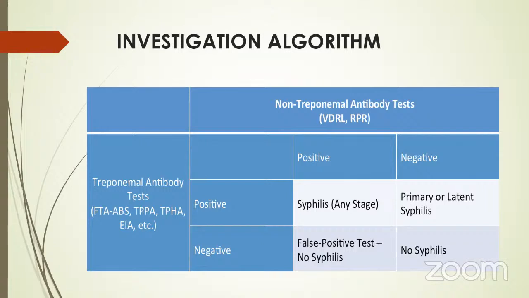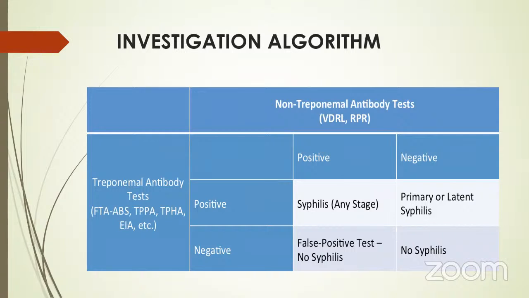So my question to you is, it means that the TPHA is a specific test for syphilis. Yes, sir. And the RPR or VDRL is basically a non-specific test, right? It's not very specific. Yes, sir. But then, sir, it has its importance in that the titer of VDRL tells us about the treatment. It tells us about how good the treatment is going.